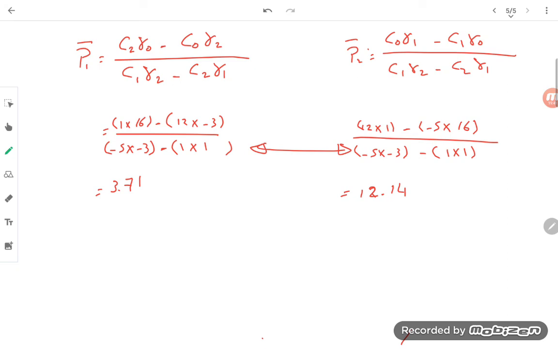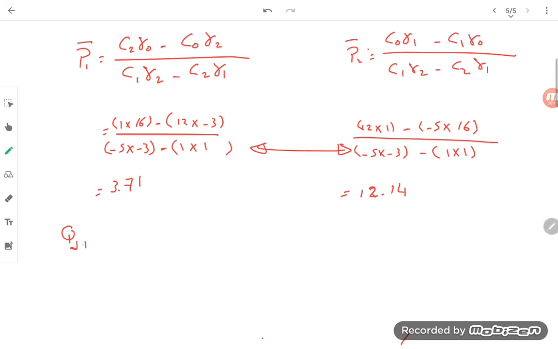Now we are going to use equilibrium price of P1 and P2 in order to get the equilibrium quantity by substituting in the equation. By substituting in QD or QS, you can find the equilibrium quantity of Q1, and the same with respect to Q2.